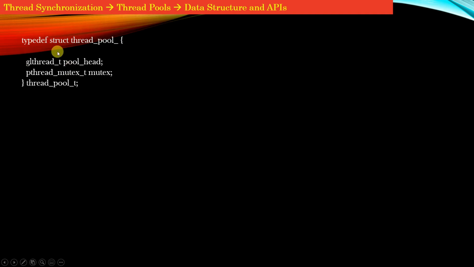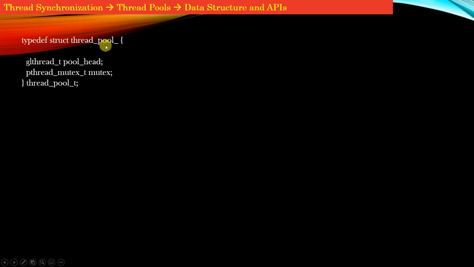If not, then in the appendix section, I have added lecture videos which explain the concept of GL threads. So GL thread is nothing but a doubly linked list library. I'm not stopping you: if you have your own implementation of a doubly linked list, then I would recommend that you can very well use your own implementation.